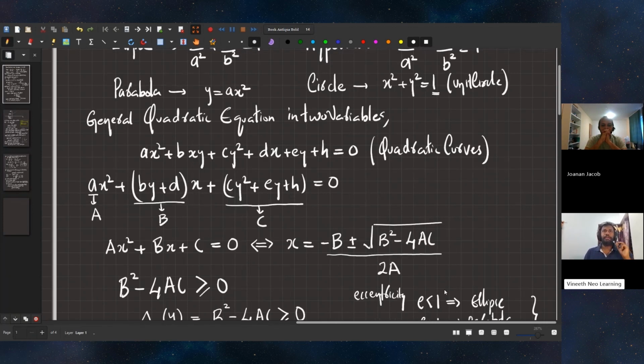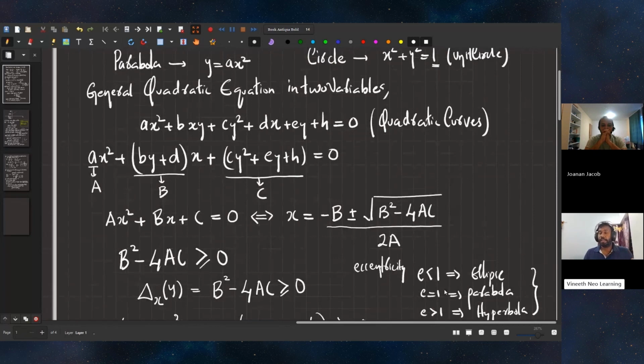Such an equation can be written as ax squared plus bxy plus cy squared plus dx plus ey plus h equals 0, and the values of x and y for which the polynomial vanishes are the solutions.